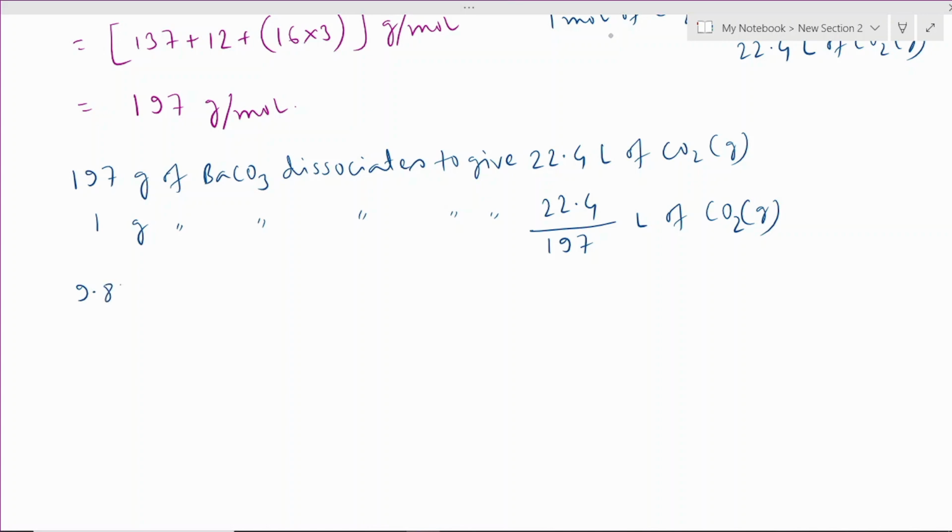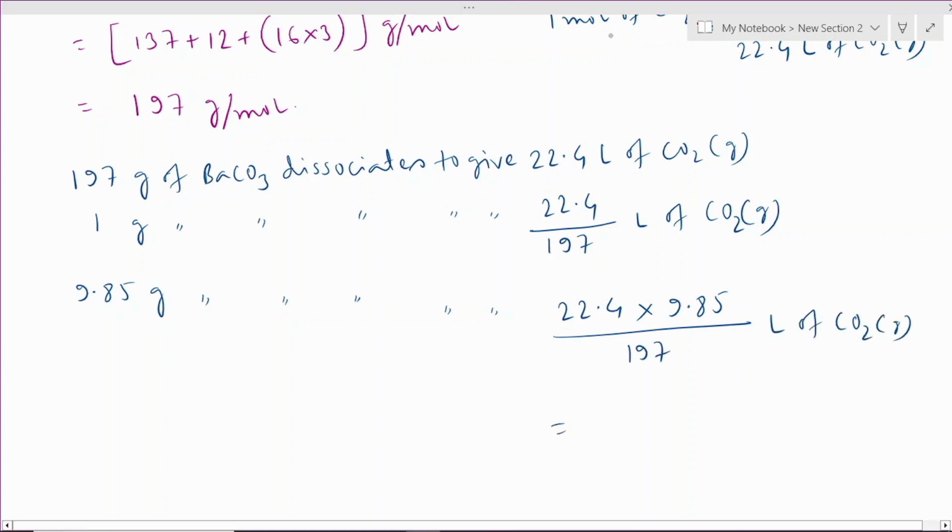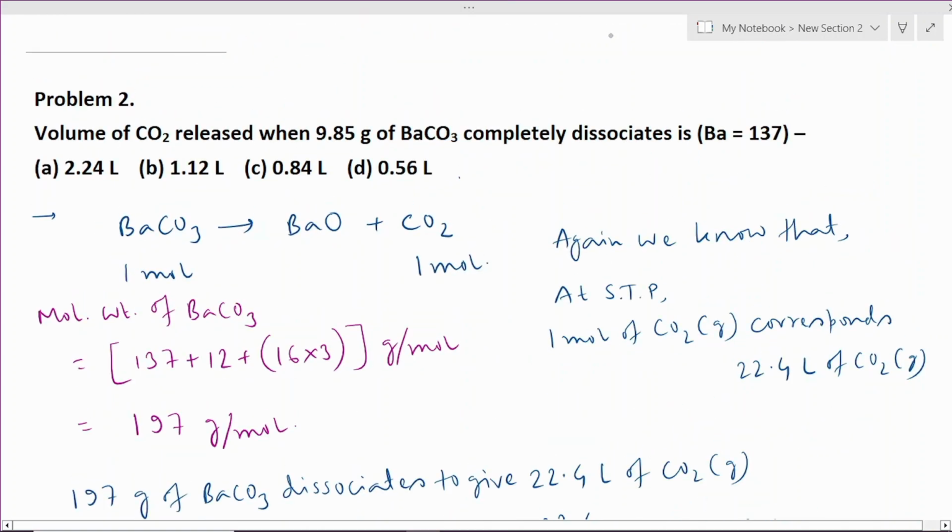So 9.85 gram of barium carbonate dissociates to give 22.4 into 9.85 upon 197 liter of carbon dioxide gas. So we can get the value is 1.12 liter of carbon dioxide. So the option B will be the correct option.